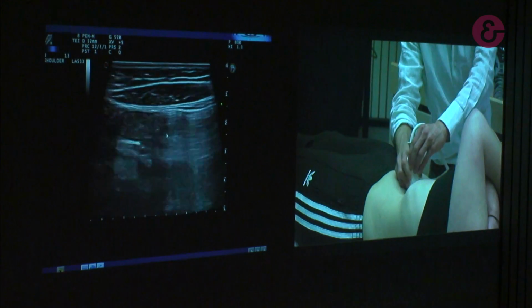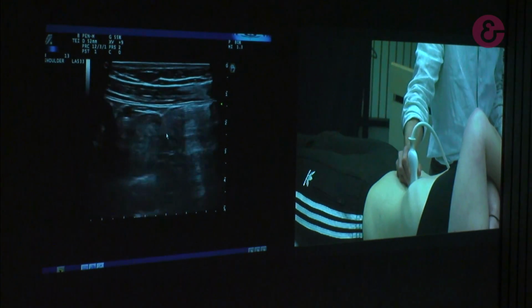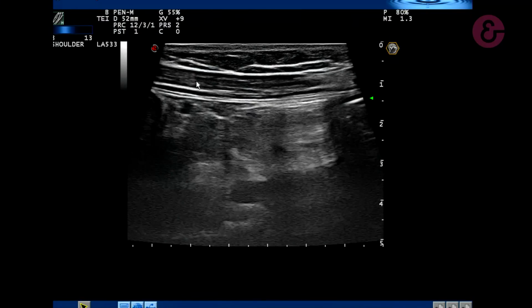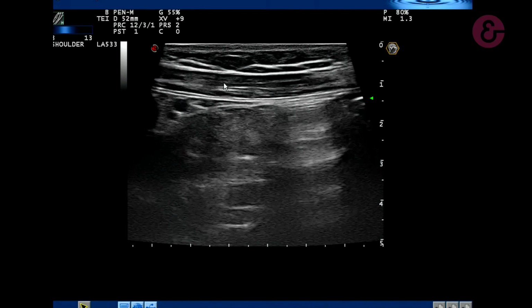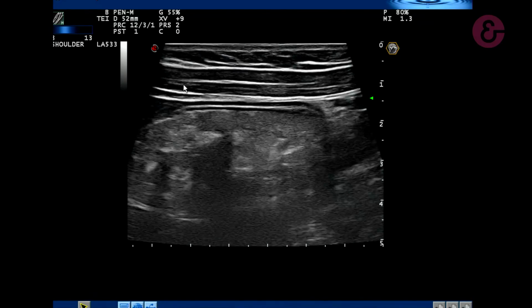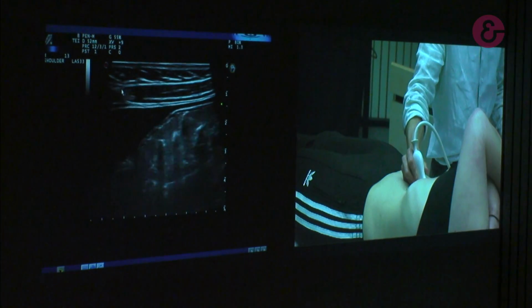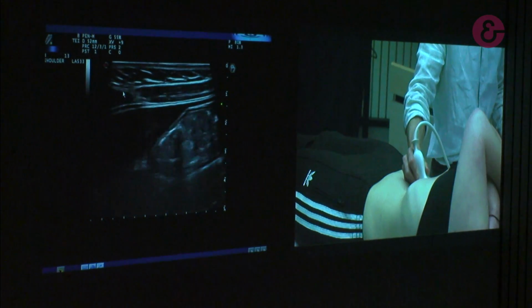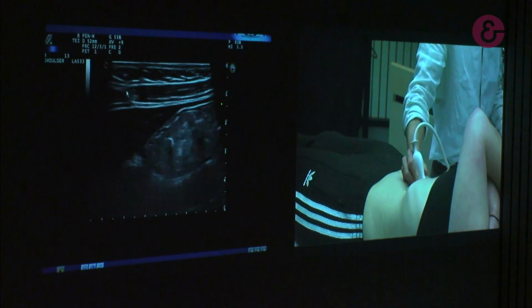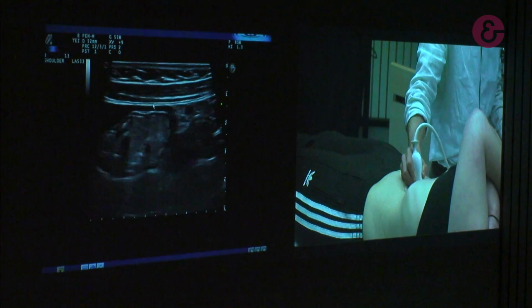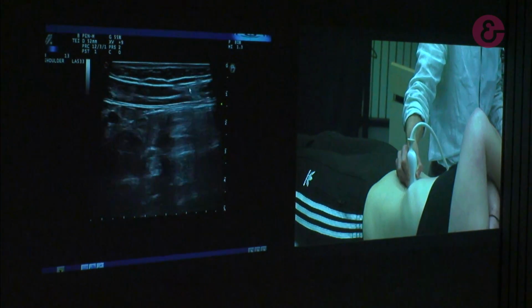If I turn my probe 90 degrees, I can recognize the perimysium as lines, and if I move up, I can see the tendinous intersections, which normally we have 3 or 4 in the abdominal muscle, so I can check if I can see them.